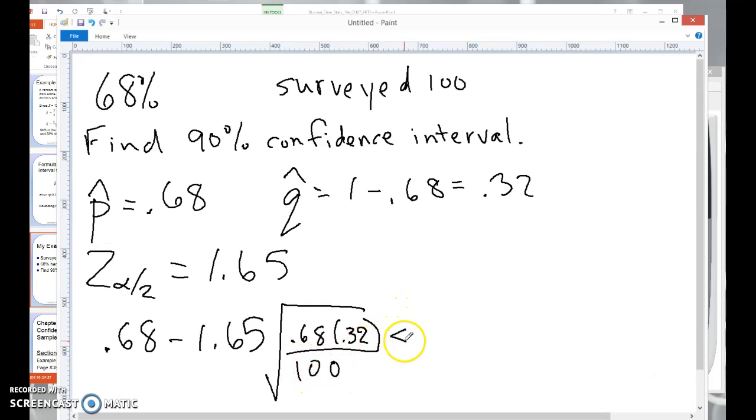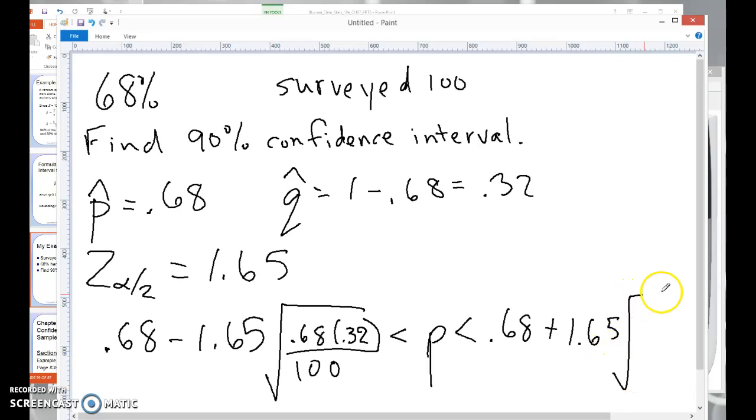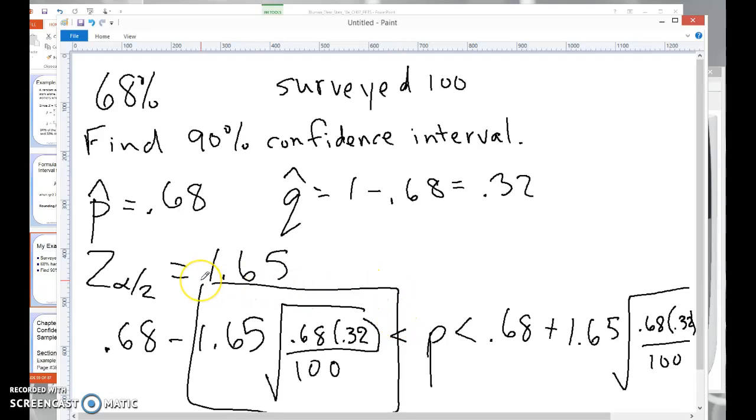And it's going to be between 0.68 plus that Z value times the square root of 0.68 times 0.32 divided by 100. When I was typing this into the calculator, I found I would want to calculate this out first and get that answer, and that was 0.077. I can use that for the portion over here.